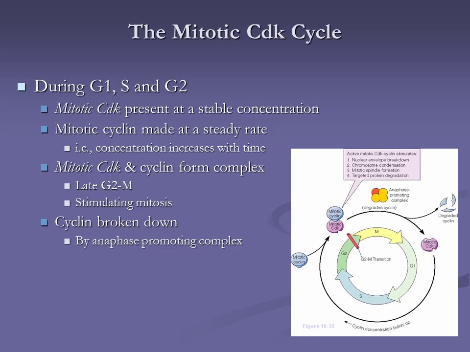So our cell cycle regulation, all these checkpoints and stops and progressions through. As we go through our mitotic activity, we see our G1, we see our S, we see our G2. We can see that we have our mitotic CDK.